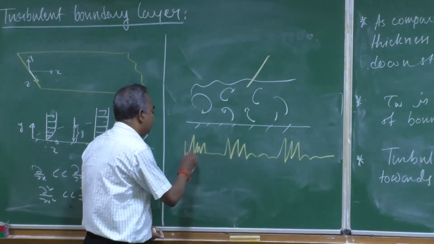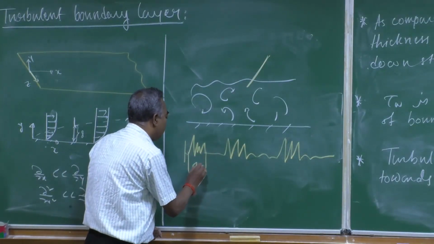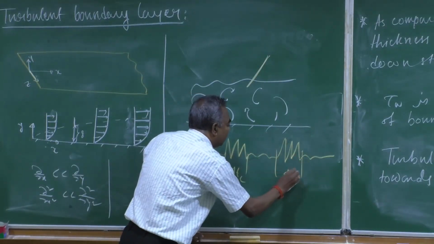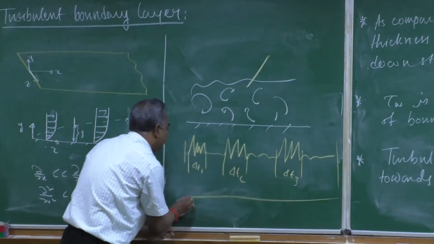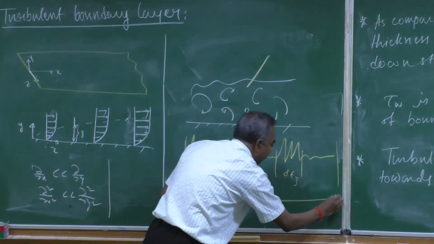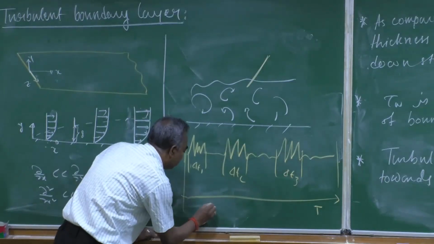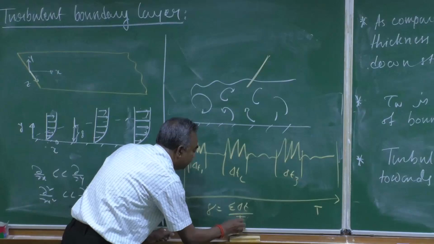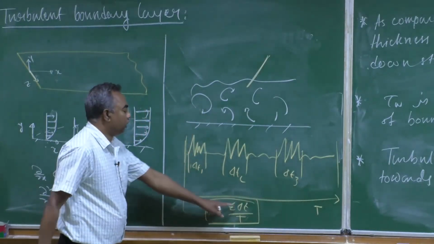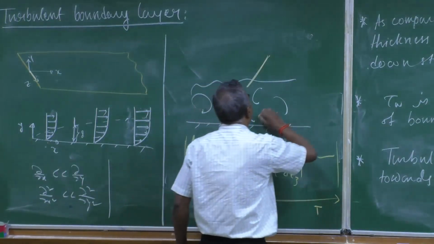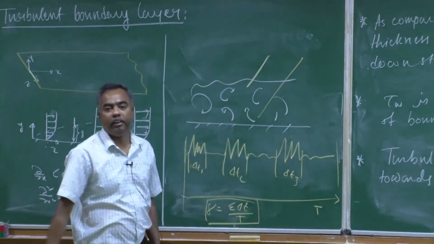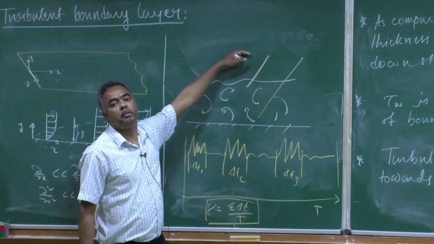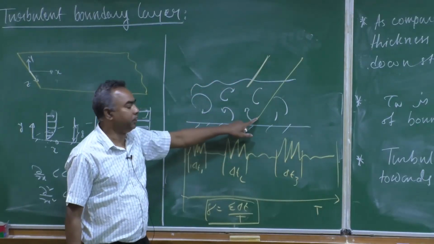So for this delta t 1, let us say this is delta t 2, and delta t 3. If this is your entire time, capital T, then your intermittency gamma is nothing but the summation of these delta t divided by the total T. If your probe is well within the turbulent boundary layer, it is always going to face the turbulent packet only, because the irrotational side is much above the probe location.